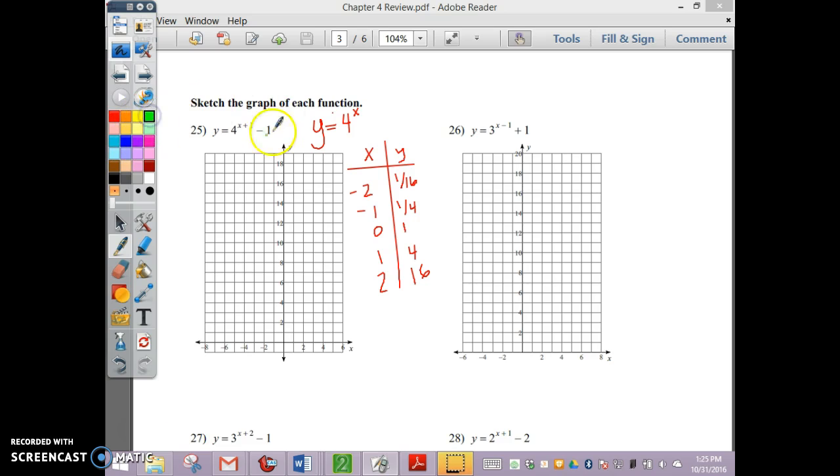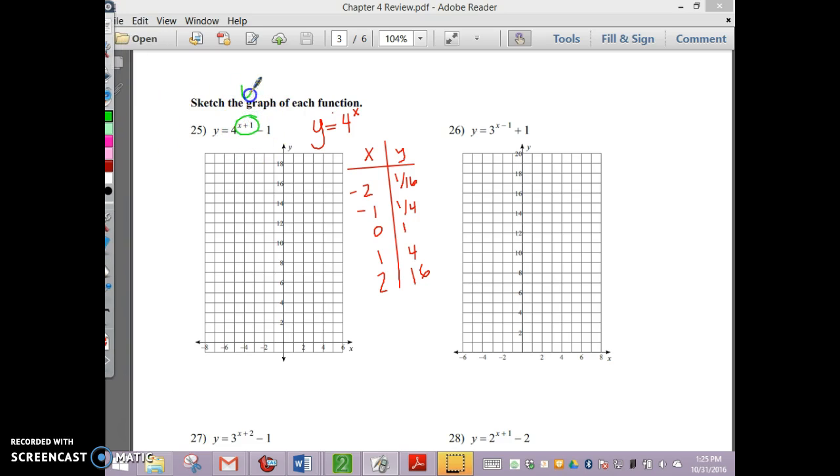Next, what I'm going to do is move it. So this plus 1 means I'm going to go left 1, and this minus 1 means I'm going to go down 1. So I'm actually going to be subtracting from both here. So left 1: negative 3, negative 2, negative 1, 0, 1.